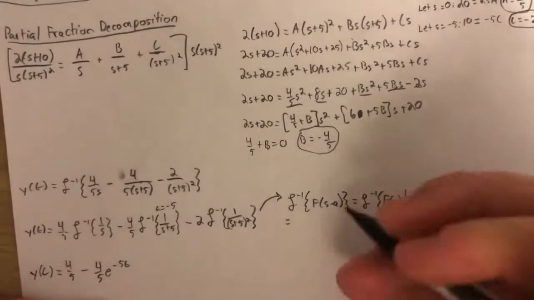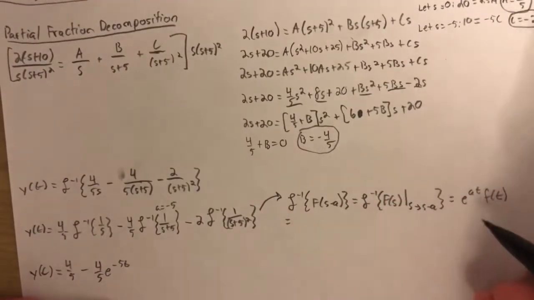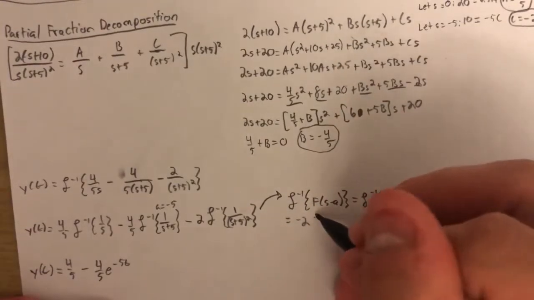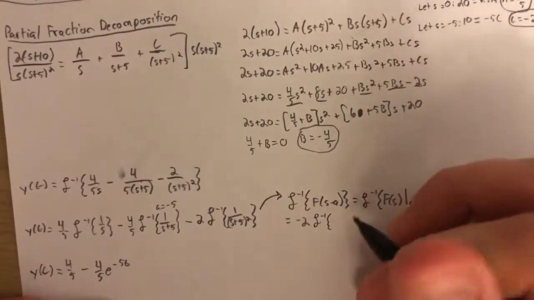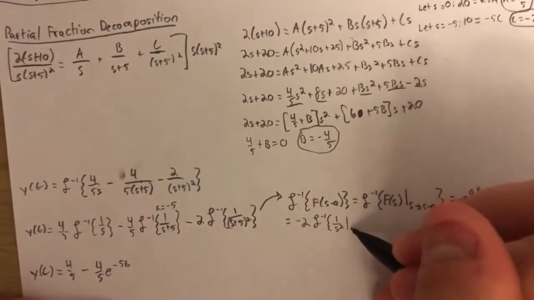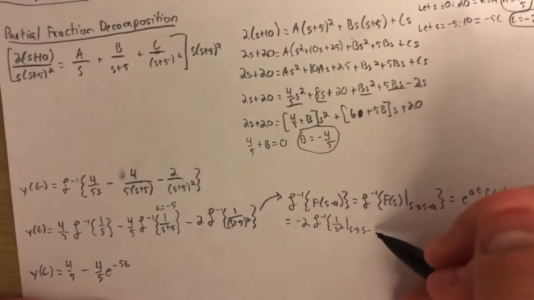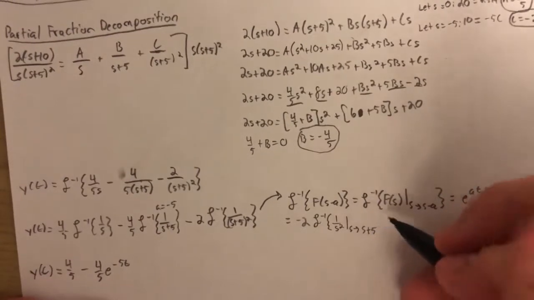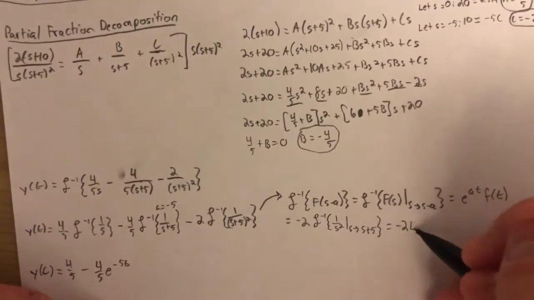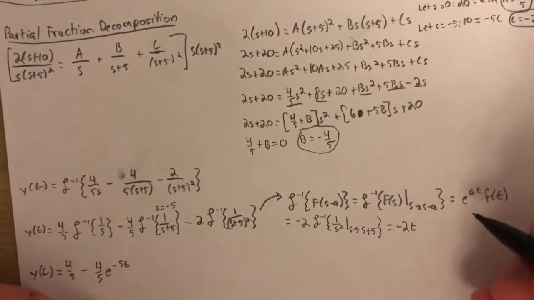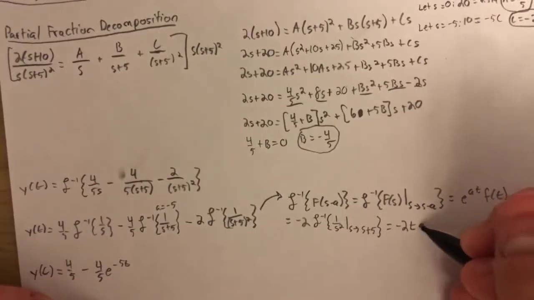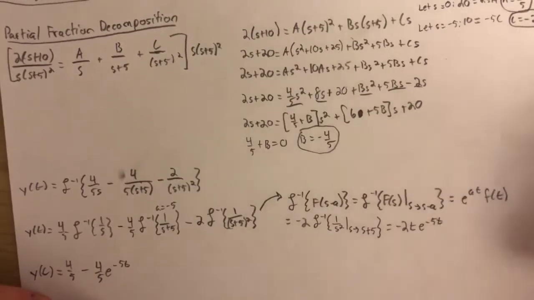So in our case, we get that -2 times the inverse Laplace transform of 1 over s plus 5 squared is going to equal -2t, because the inverse Laplace transform of 1 over s squared is t, so -2t e to -5t.